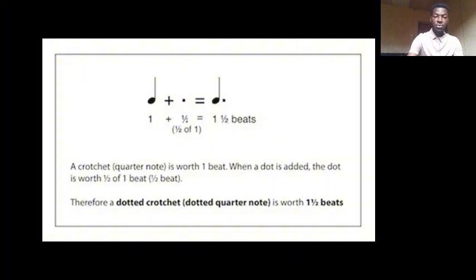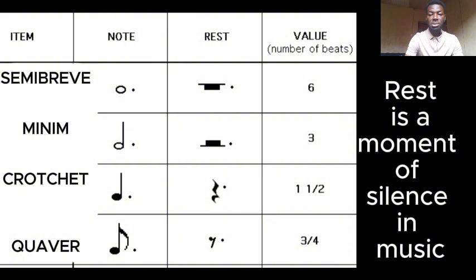Beautiful. Now, the same way we do it for the musical notes is the same way we do it for the rests. Remember that a rest is a moment of silence in music, and they also have symbols that represent rest. Each musical note has a symbol attached to it.